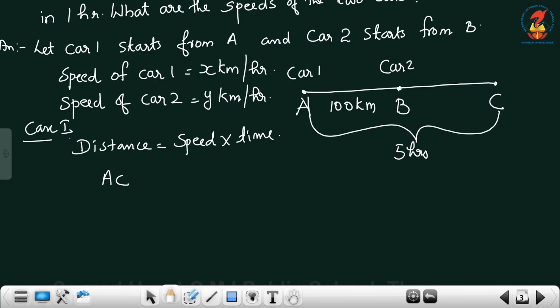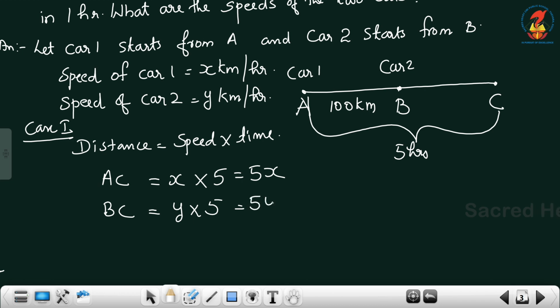AC equal to speed x kilometers for car 1 into time. Time what is it? 5. That is 5x, AC. Next is car 2, distance BC. Speed y into same time 5 hours, 5y.